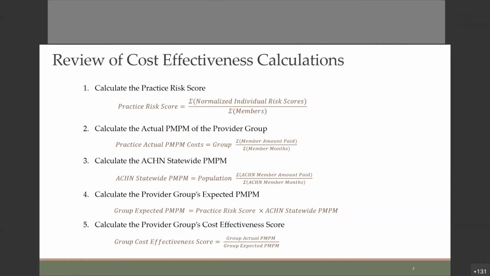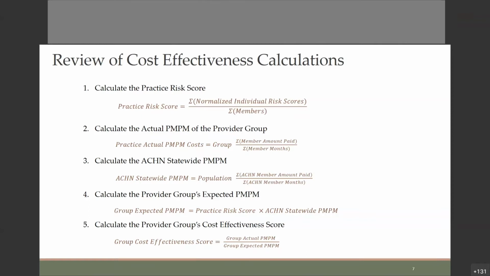We then use that statewide PMPM to calculate the provider group's expected PMPM. So we multiply the practice risk score that we calculated in step 1 by the ACHN statewide PMPM. And just a reminder, this is expected.